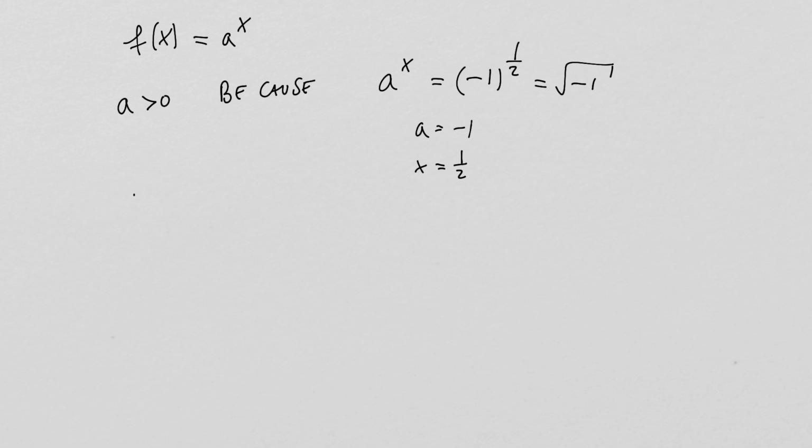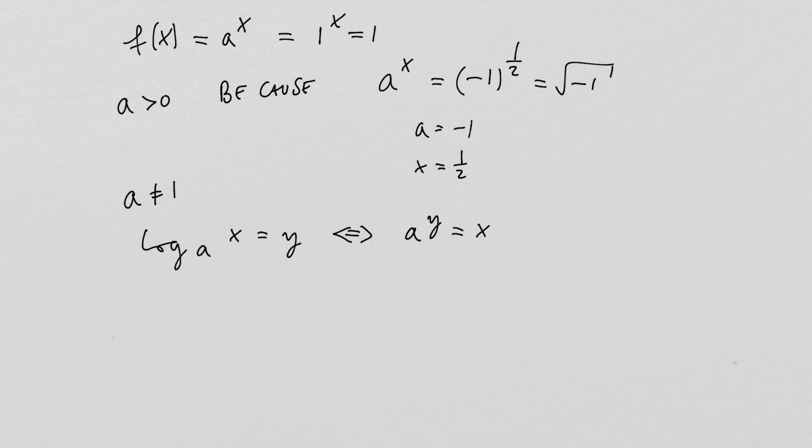Also, we don't want a to be 1, because if a would be equal to 1, our original function would just get values 1, and it would not be invertible.